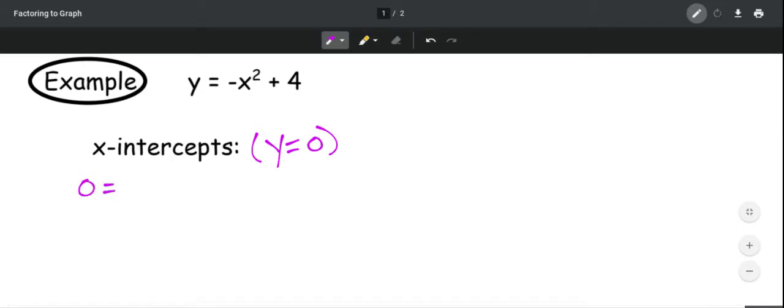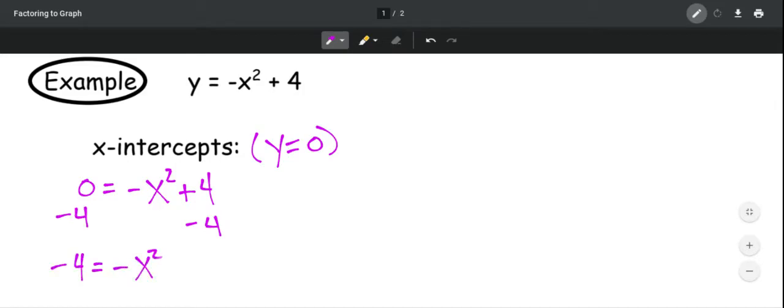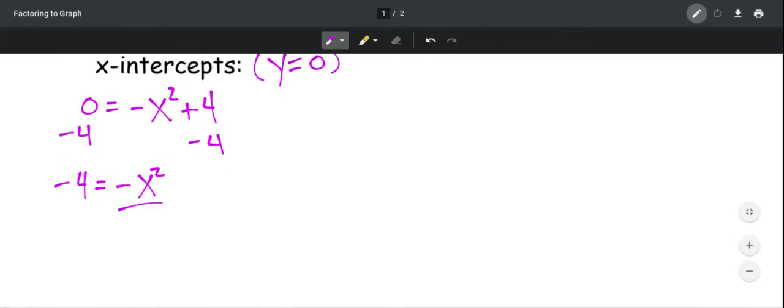So I put in a 0, negative x squared plus 4. Now, if there's only one x, we can get it by itself and then square root. So when I subtract, I get negative 4 equals negative x squared, divided by negative 1. I get 4 equals x squared.